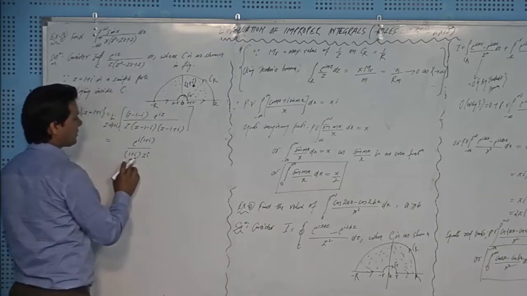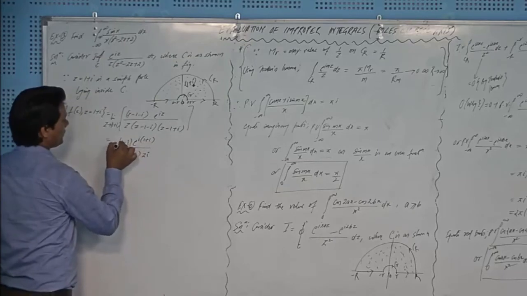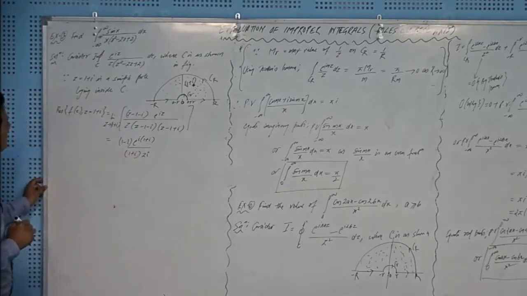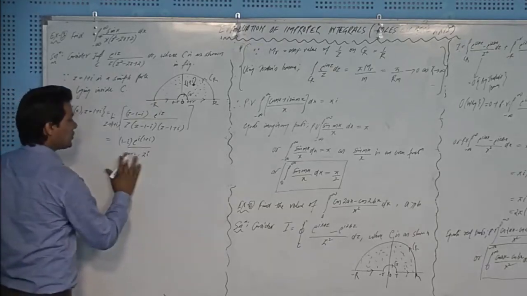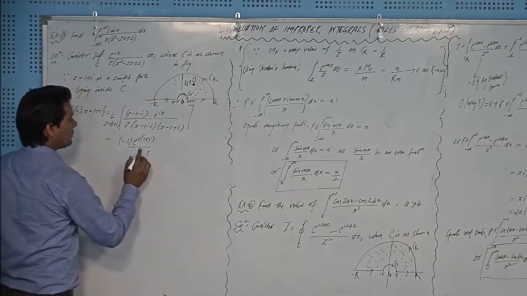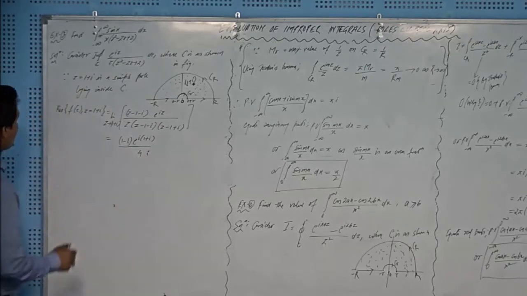If I rationalize this by 1 minus iota, I will get 1 minus iota in the numerator, right? And I think 1 minus iota squared will become 2, it will become 4 iota. So ultimately our residue will be this thing, right?